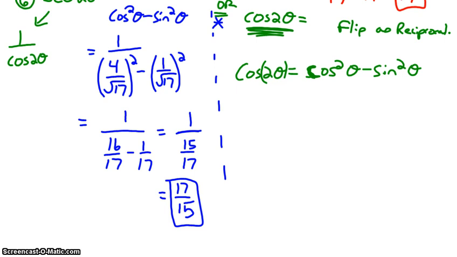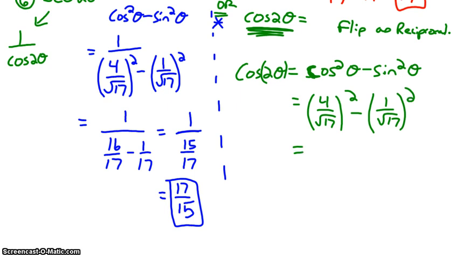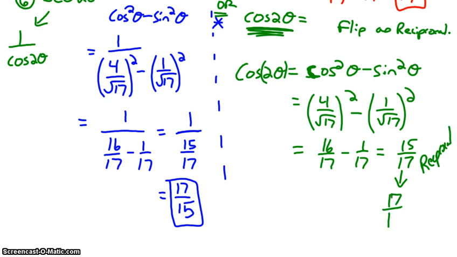Then I have my same fractions of 4 over radical 17 squared minus 1 over radical 17 squared, which will give me, as we've seen before, 16 over 17 minus 1 over 17, or 15 over 17. Now I need to remember that I need to do the reciprocal of this. So I flip it, giving me 17 over 15.